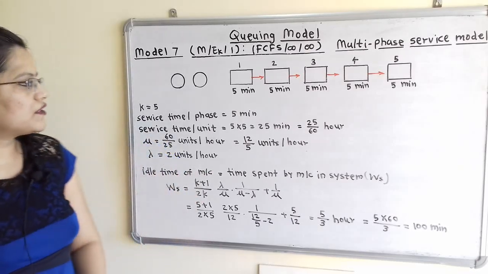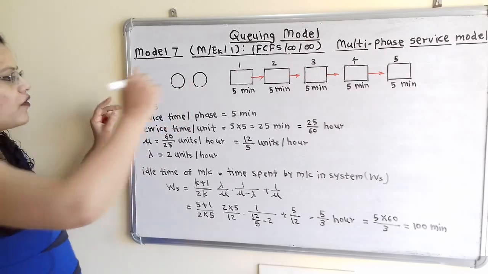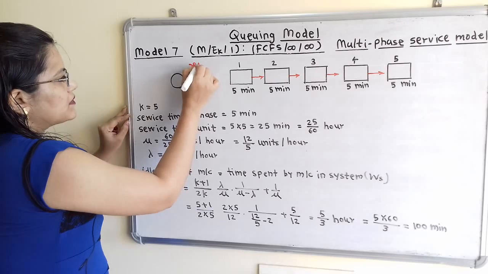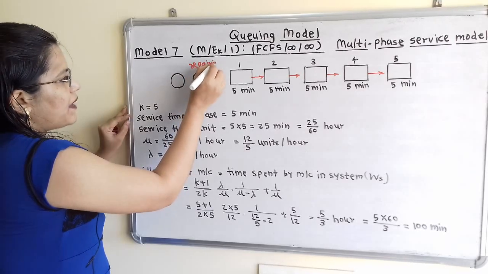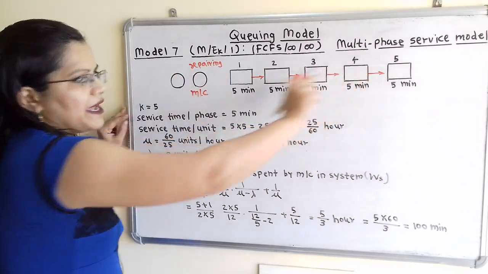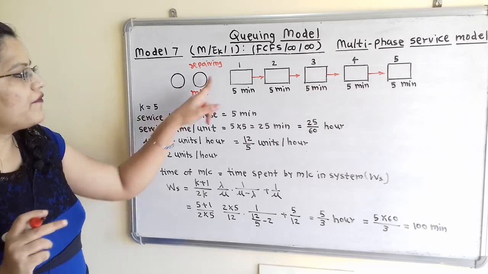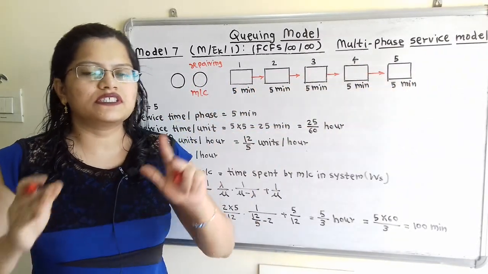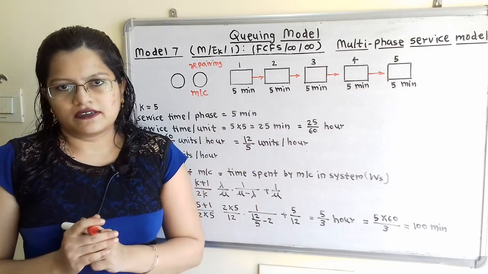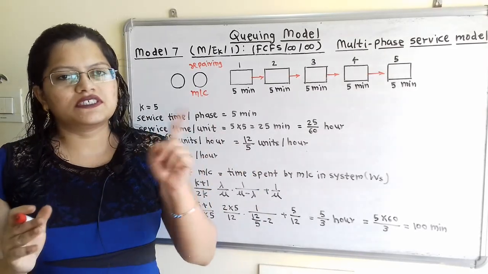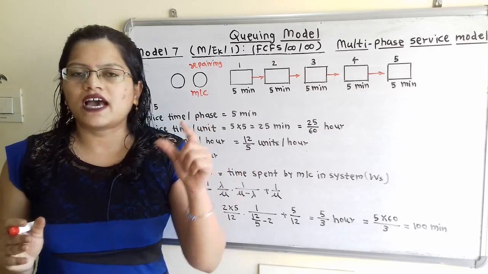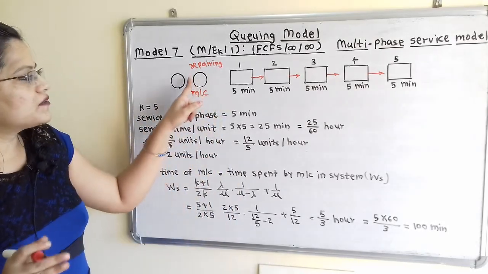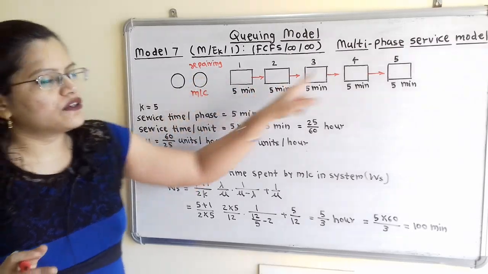Now if we observe here, the machines are for repairing purposes. So these machines are passing through these 5 phases. Whenever the machines are in the system, only then are the machines idle, because these machines are not working, they are broken down, and that's why they are arriving into the system.